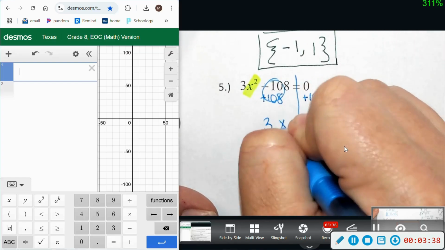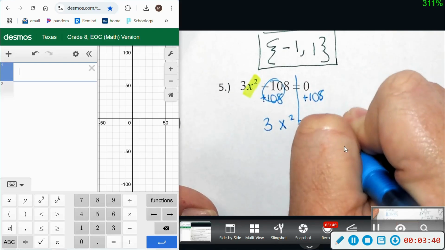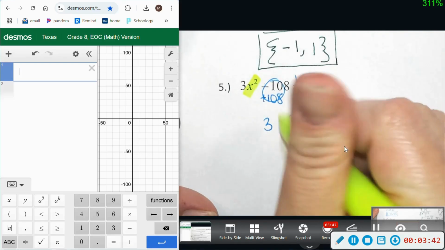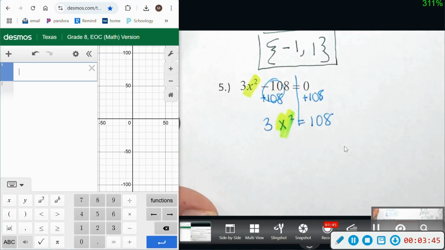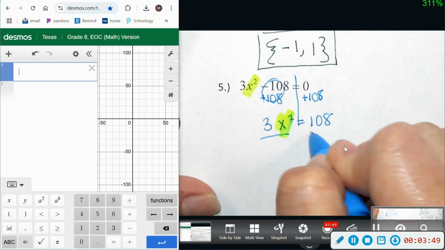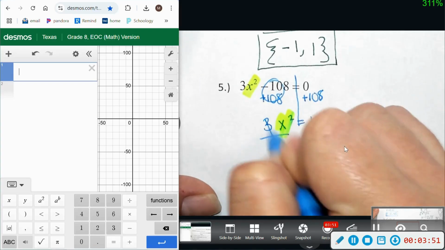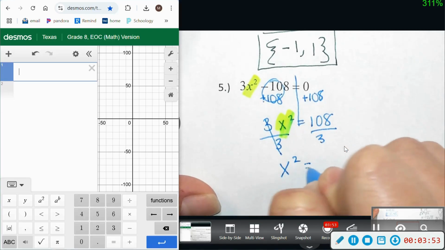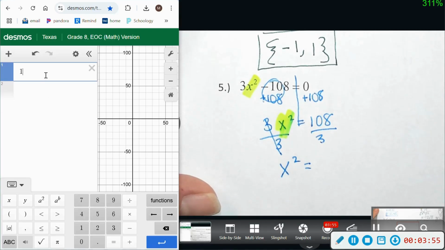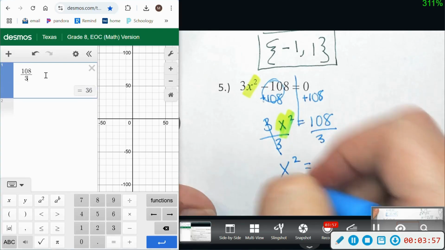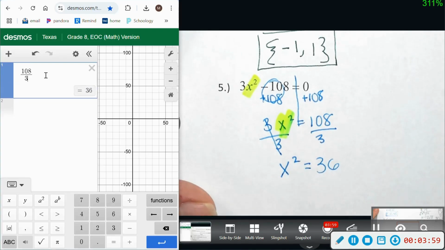And I get 3x squared equals 108. Is what's squared alone? No, what do I still need to get rid of? I'm going to divide by 3 because I still have to get rid of that 3. And then 108 divided by 3 is 36. So now what do I do?